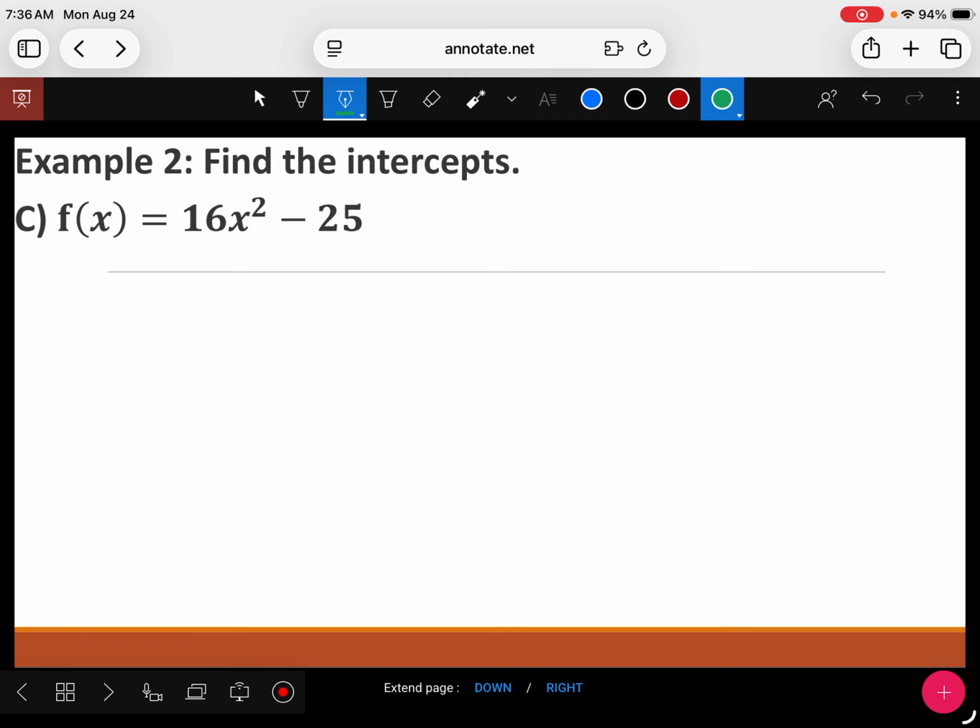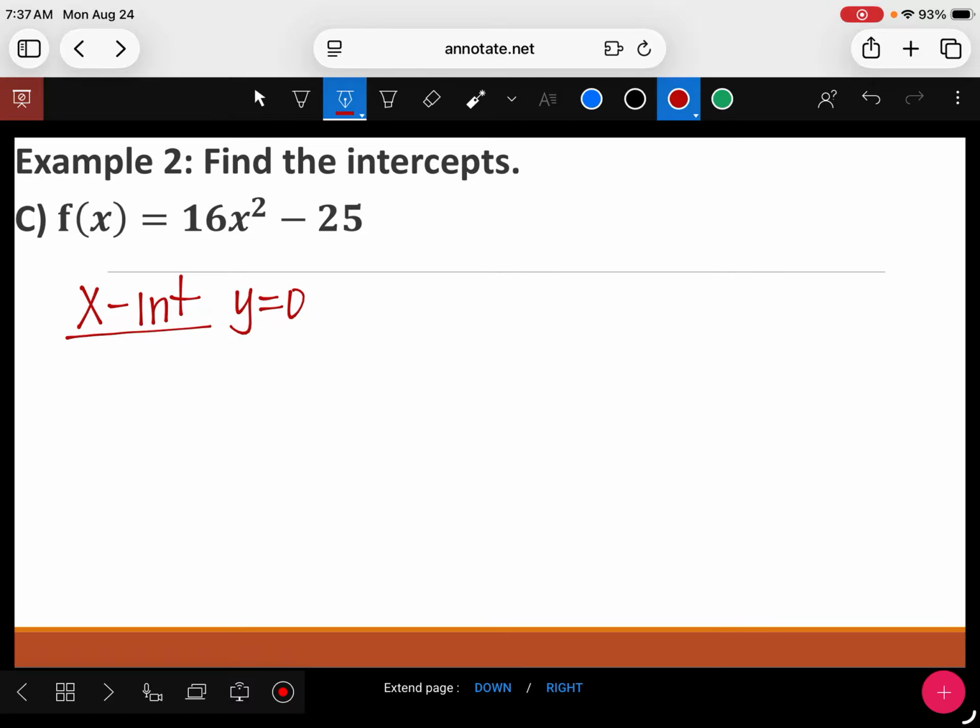Let's look at number 3, or C. There are 2 different ways that we can solve this for x, and again, it doesn't matter which way you decide to go with.